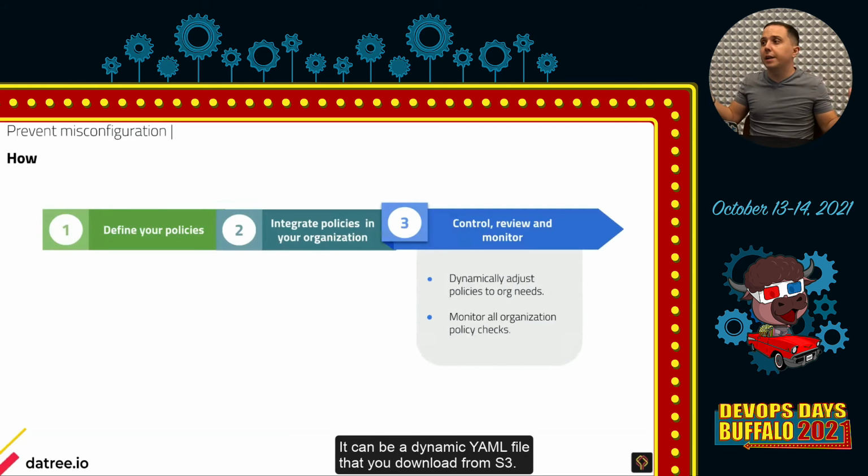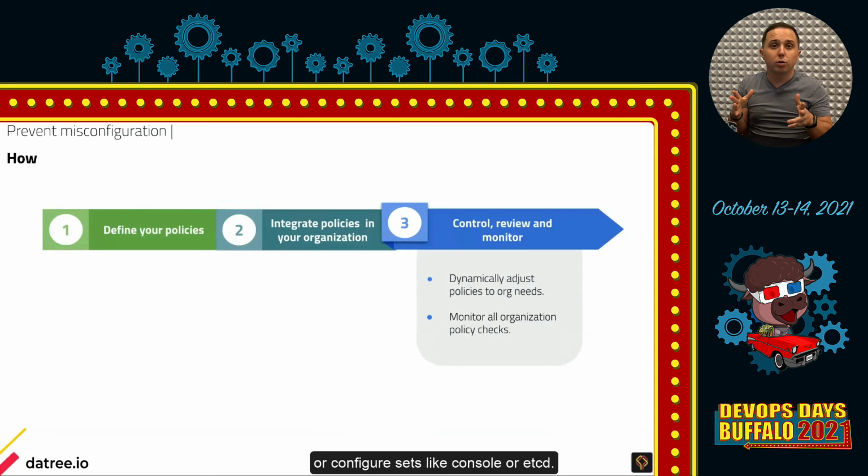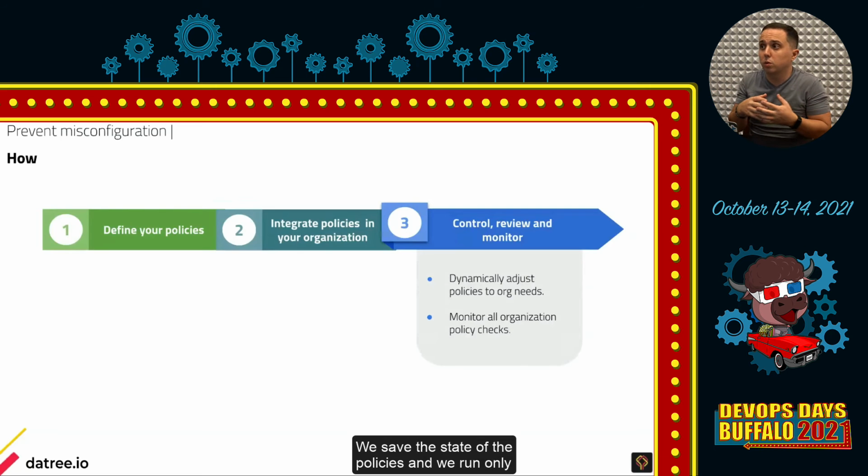It can be a dynamic YAML file that you download from S3. It can be a more complex solution that pulls configuration from a centralized state management or configuration store like Consul or etcd. It can be solutions like Trivy, which is what we do, right? We save the state of the policies.